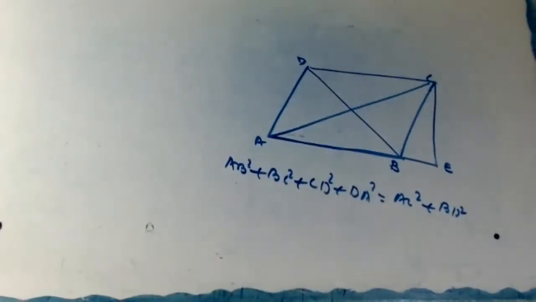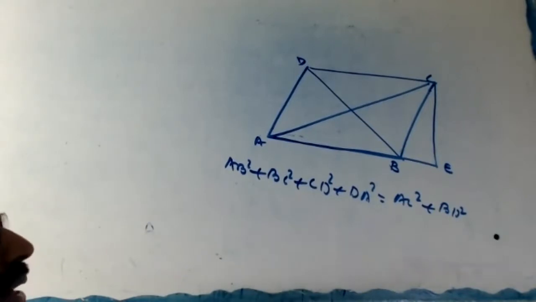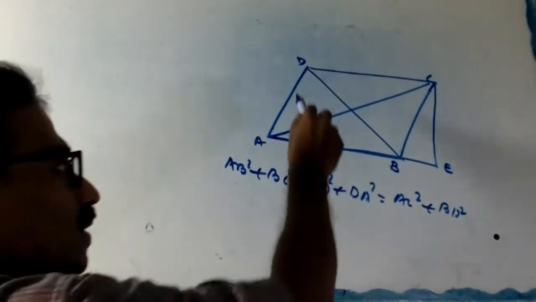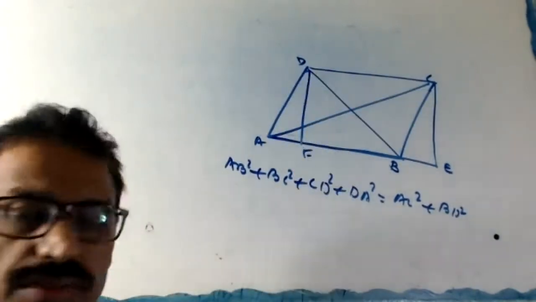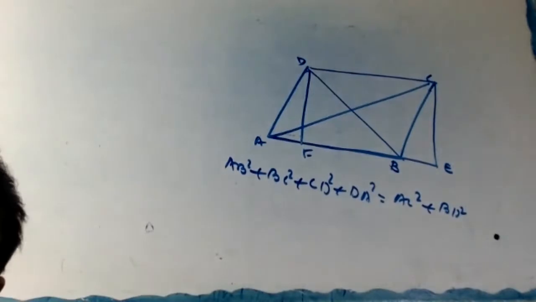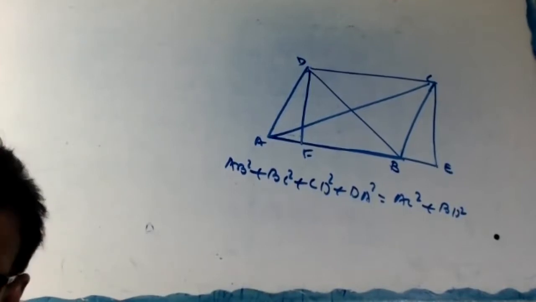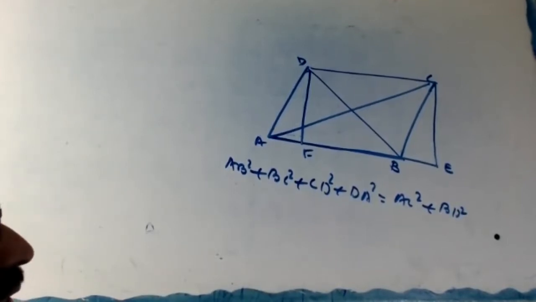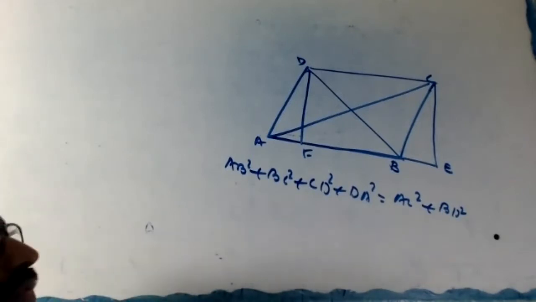How to get BD square? We need a perpendicular from D also. Okay, F. This construction. My question: is AF equal to BE? How? We have to show the proof, right or no?